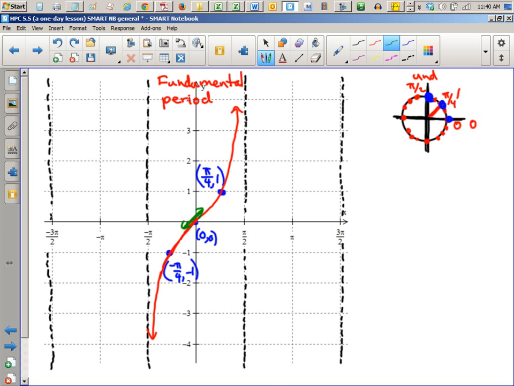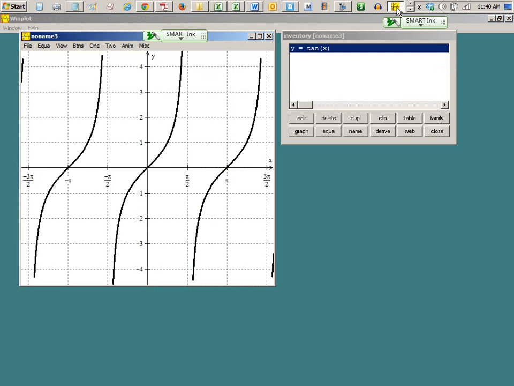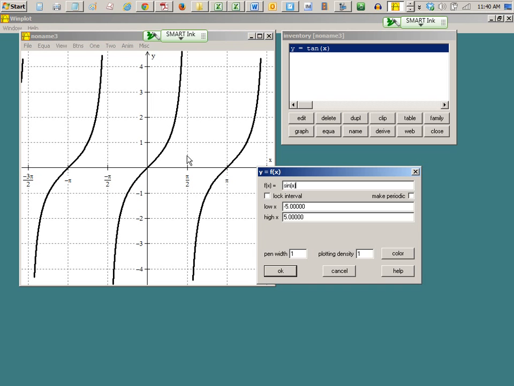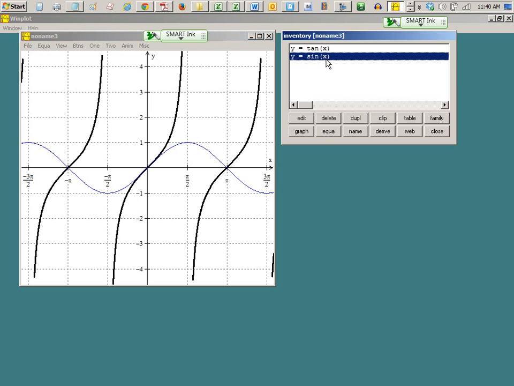So I want to just show you something real quick, something you might not have thought of. This is a tangent graph. If I graph a sine wave right on top of it, watch. Let me make it a little easier to see. Look at the origin. They're almost exactly the same. They both have slope 1. That's right.